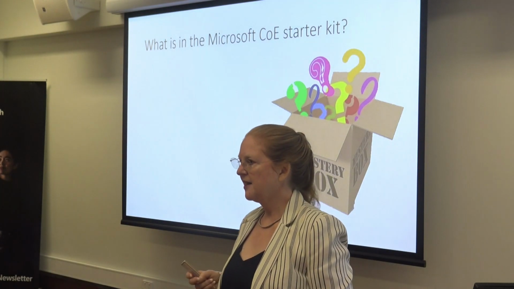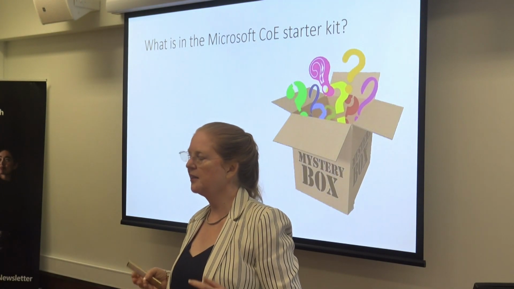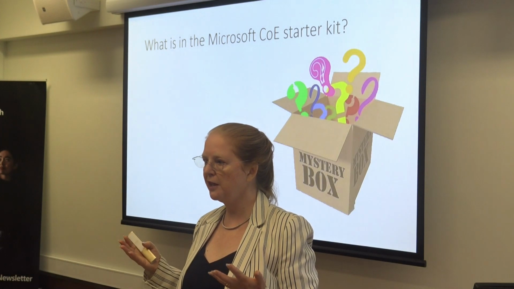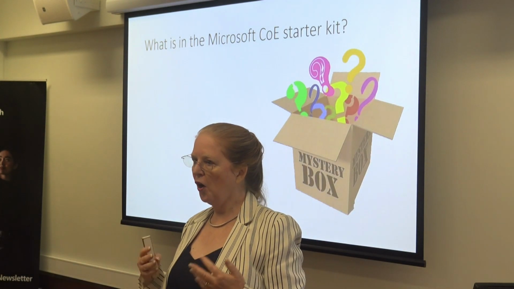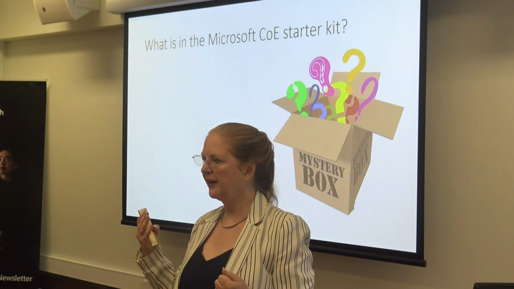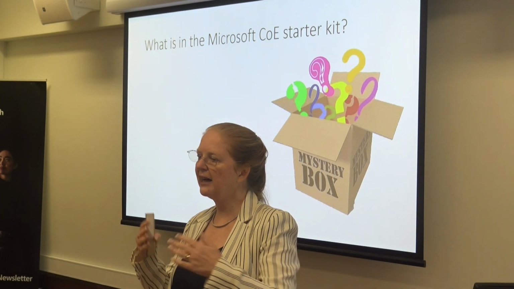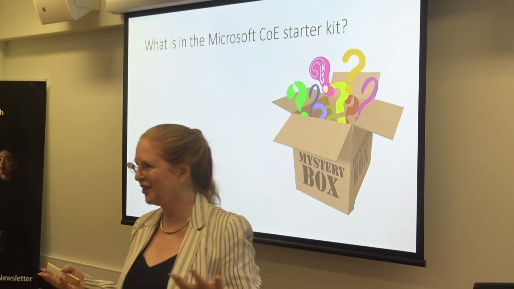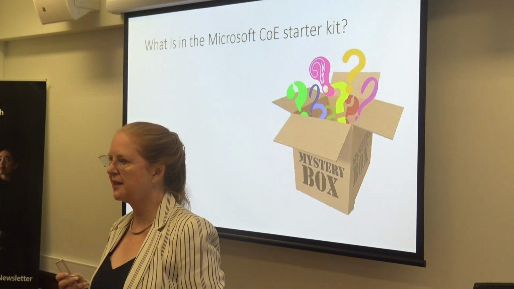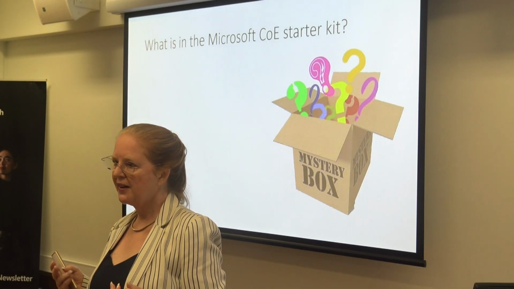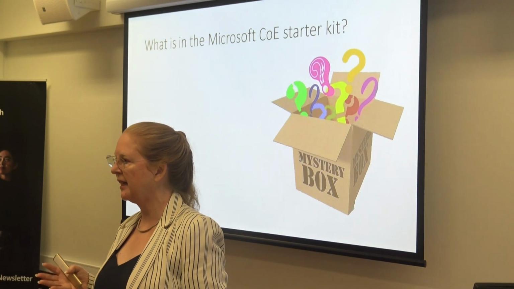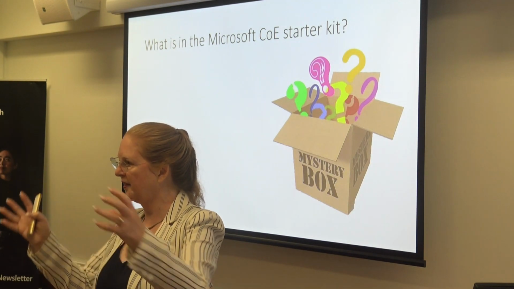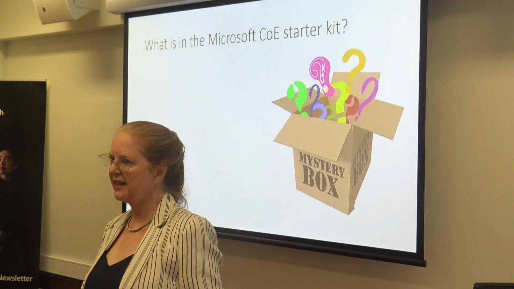What we get in the starter kit is pretty much a number of apps and flows and what I loosely call communications, which are really flows plus email templates that enable you to manage all of the other stuff that is going on.